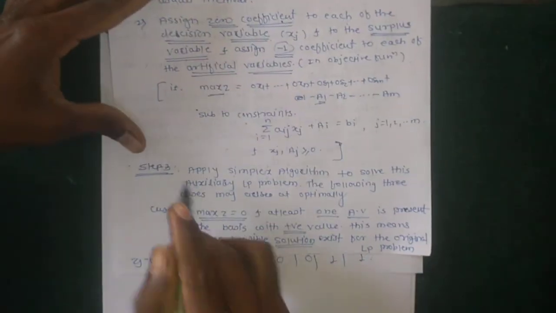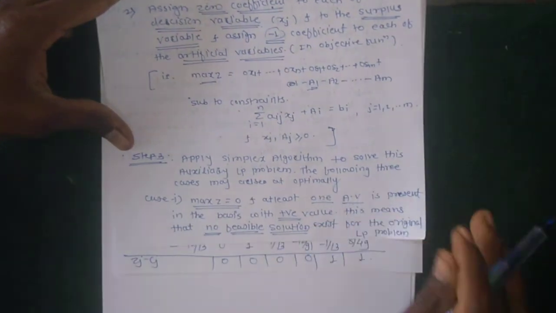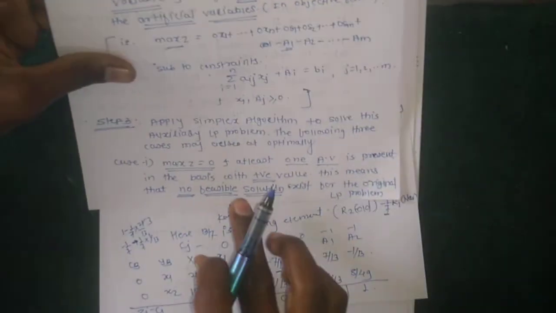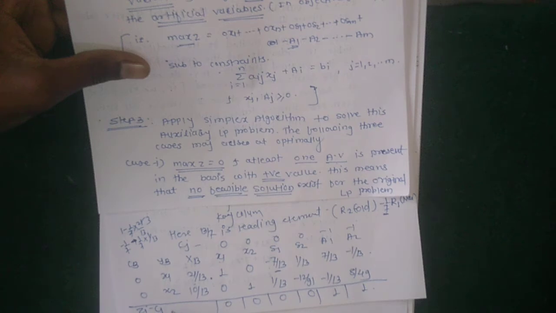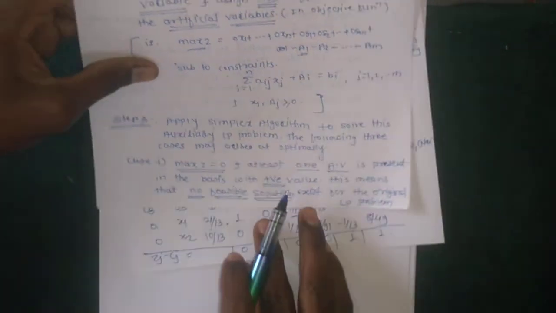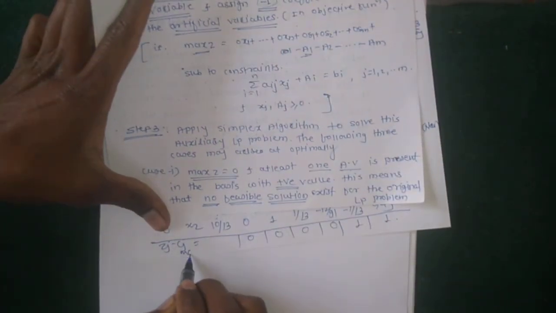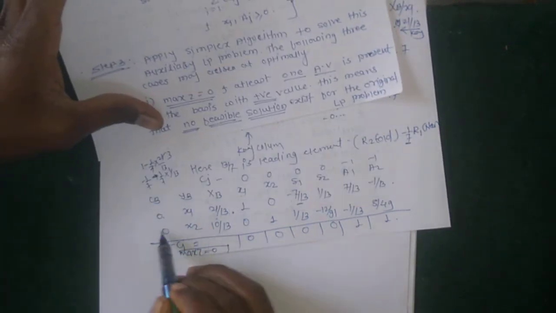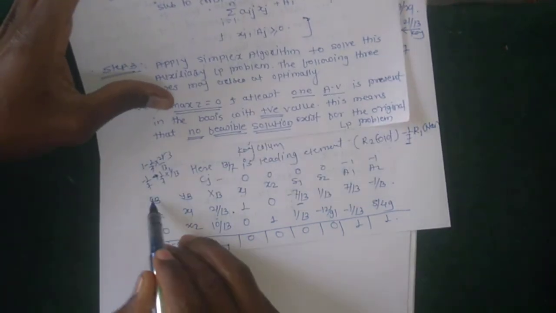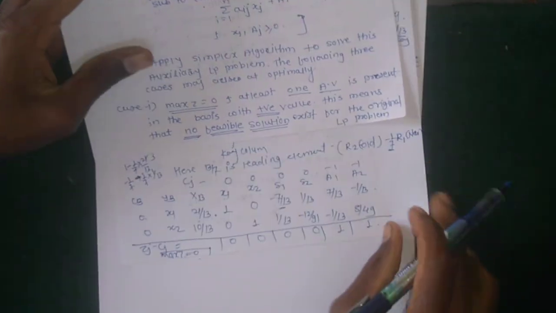So for step three, apply the simplex algorithm. We get maximum z is equal to 0, because 0 into something is 0, the summation of CB into XB.